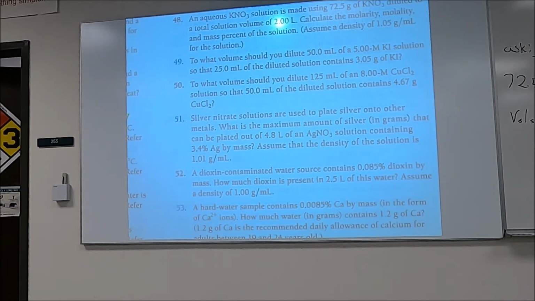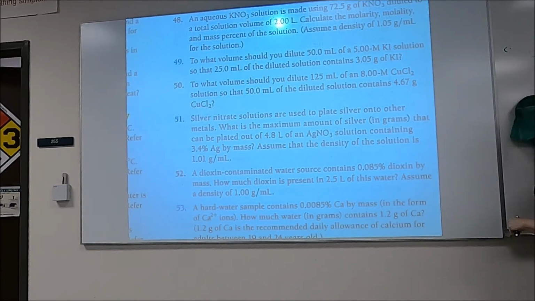It says, to what volume should you dilute 125 milliliters of an 8 molar copper 2 chloride solution so that 50 milliliters of the dilute solution contains 4.67 grams of copper chloride?